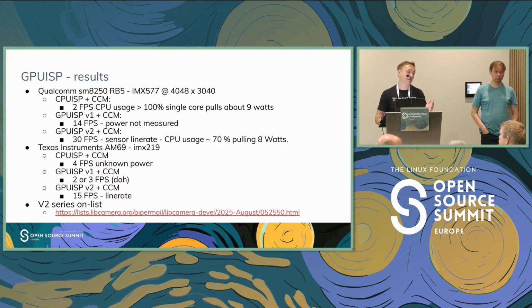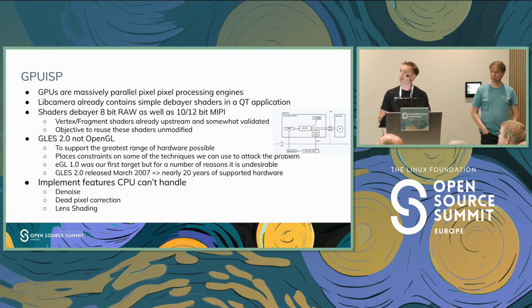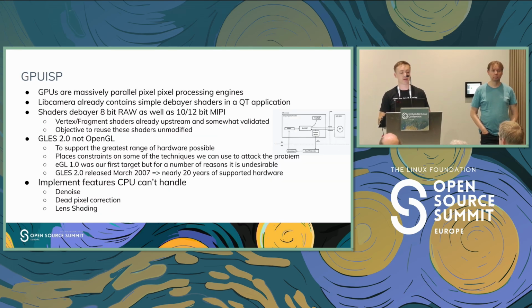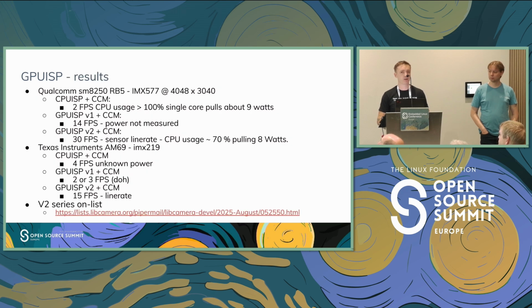So that's fast enough on a machine like this. When you start going down to the previous, these listed machines here, the TI Sitara and so on, you're getting like 4 or 5 frames a second on a 15 frame per second sensor.